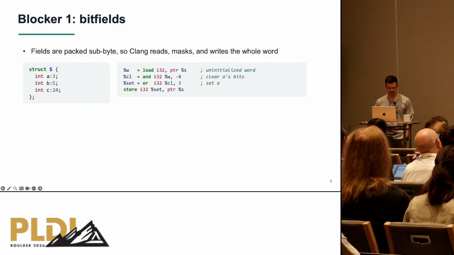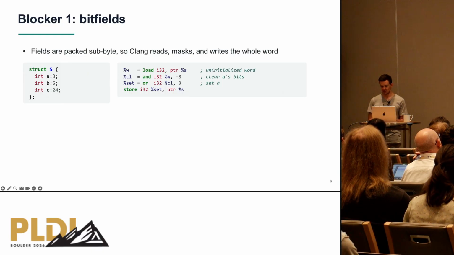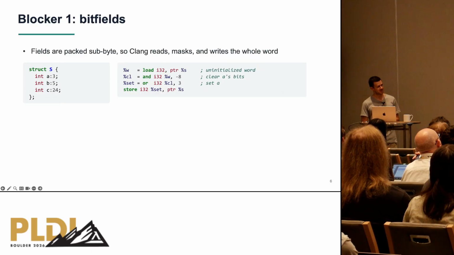The first blocker is bit fields. To store bit fields, Clang reads the whole word, masks it, and then writes it back to memory. In this example, we have these bit fields, and to write to bit field A, we load the 32 bits, then we clear A's bits, and then we store the value back to memory.